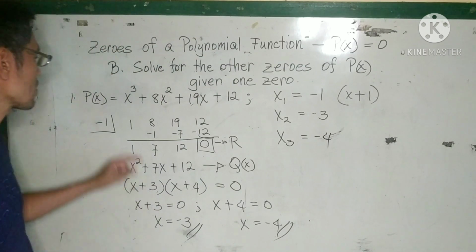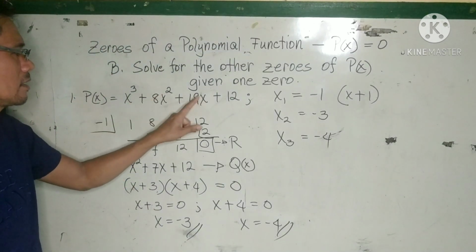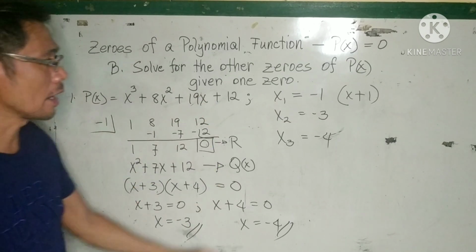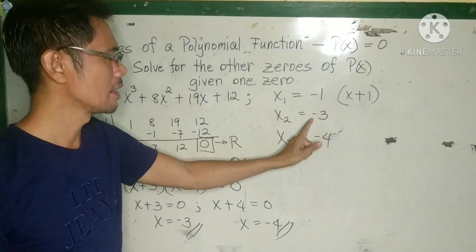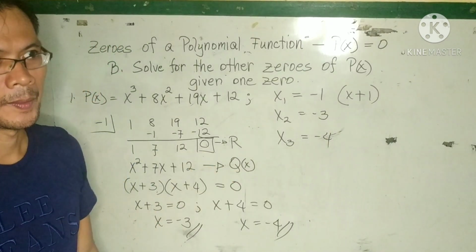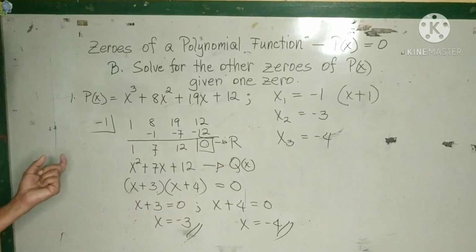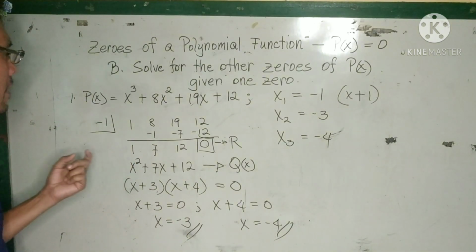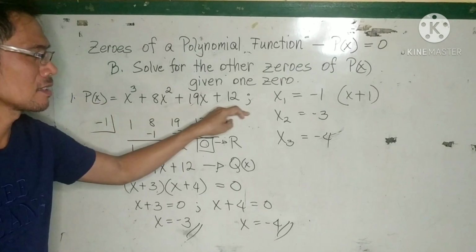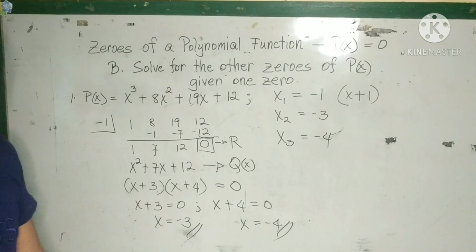So the zeros of p of x, x cubed plus 8x squared plus 19x plus 12, are negative 1, negative 3, and negative 4. Okay? So that's how we get the zeros of the given p of x if it is expressed in terms of this and one zero is given.